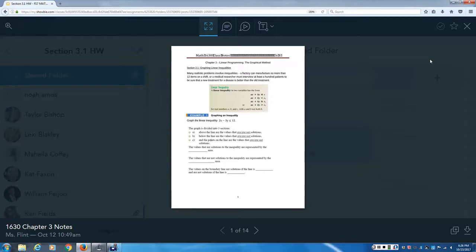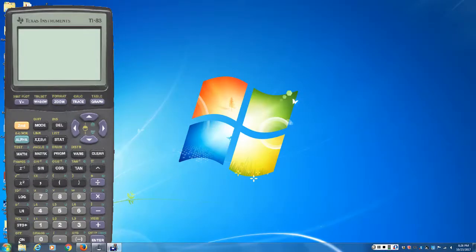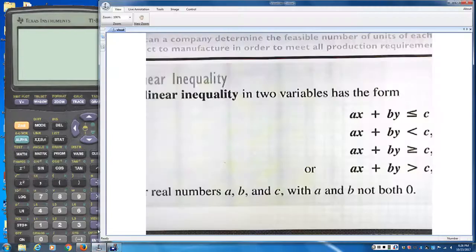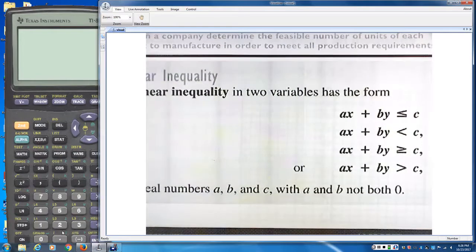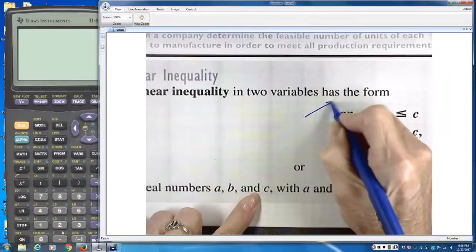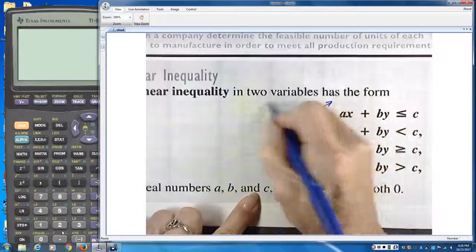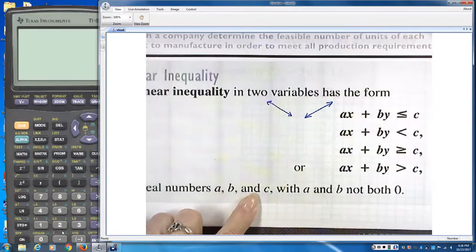So this is the next thing that I showed you, and it actually is in your notes. And that's this table. So if we were graphing these, the thing I want you to remember is if I graph this, it's going to be a solid line, either that way or that way. Same thing here.